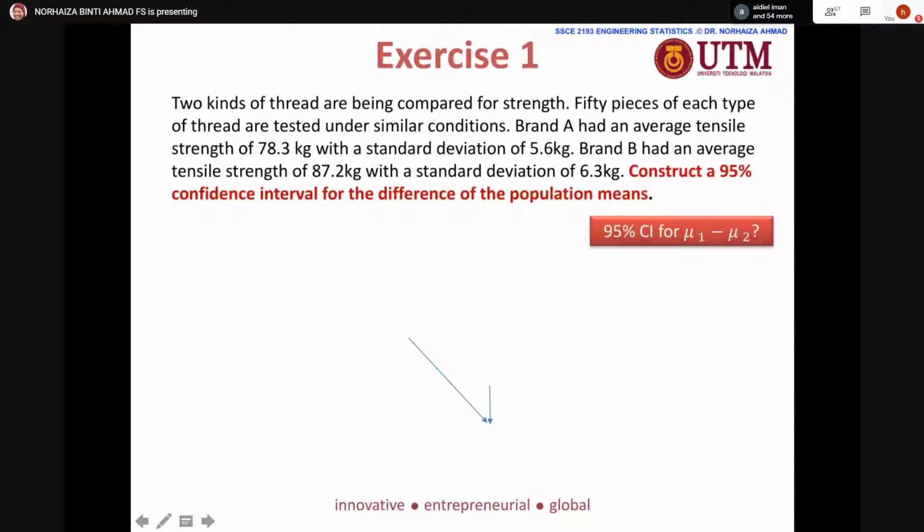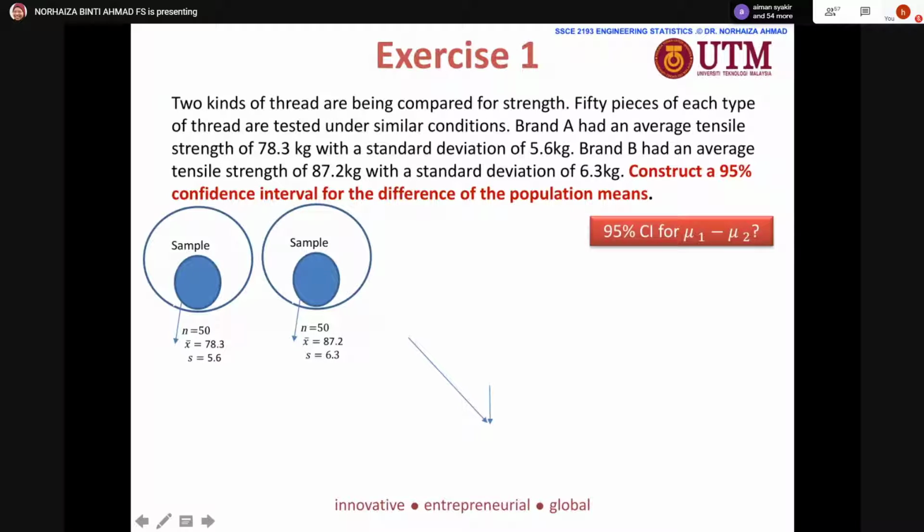From the information here, you know that there would be two populations. Why? Because it says two kinds of thread are being compared. So you've got thread 1 and thread 2. 50 pieces of each type, so here you've got n of 50 and 50. Brand A had an average tensile strength of 78.3 and 5.6. You might wonder, would this be from a population or from a sample?